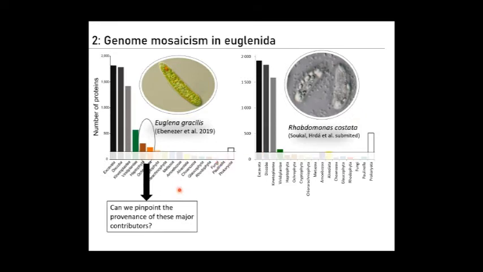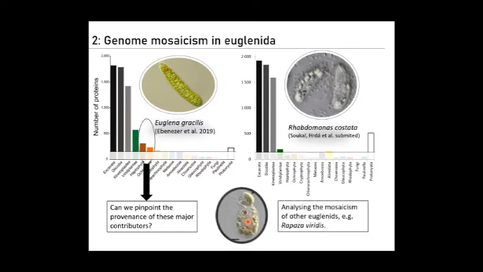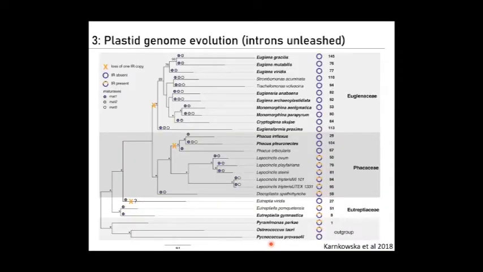And so one of the challenges we see is if we could somehow separate and pinpoint the provenance of the other than green algal contributors to the Euglena gracilis genome. And in general, I think we should study more genome mosaicism in more euglenids, like, for example, this very interesting Rapaza viridis, which I will talk about a bit later.